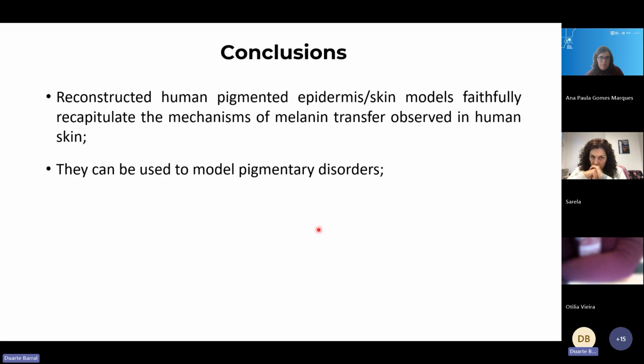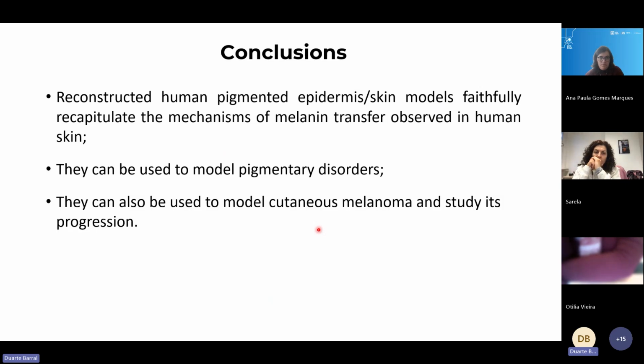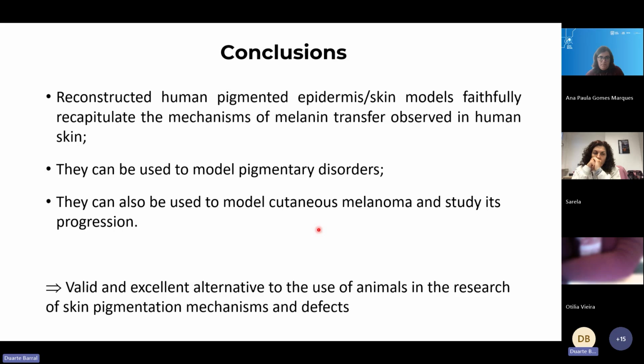They can be used to model pigmentary disorders like Griscelli syndrome, we showed that, and also to model cutaneous melanoma and study the progression of this type of cancer and the role of melanin and melanin secretion in that progression. So they are a valid and excellent alternative to the use of animals in the research of skin pigmentation mechanisms and the defects that lead to pathology.